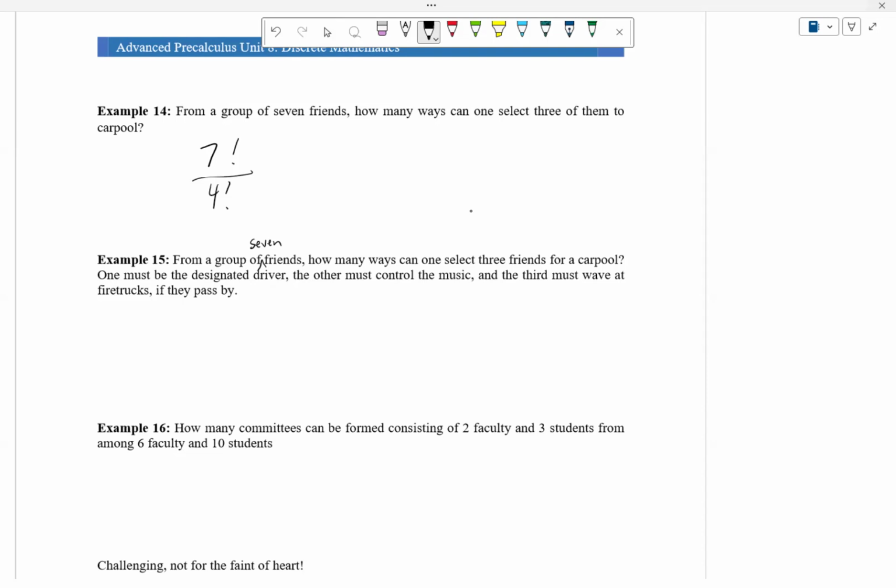And on the bottom, this way we care about, or we need to divide by more.